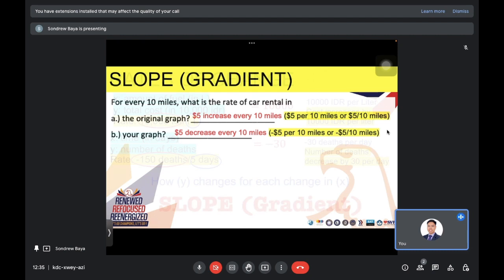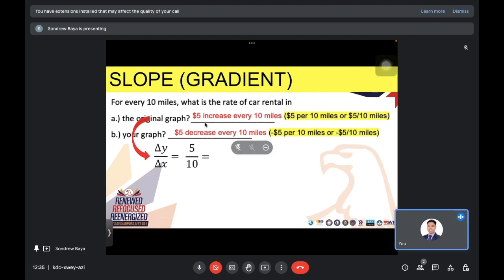Going back to our previous example, if you look at the formative assessment, this will also explain the negative 30 that you saw a while ago. Here in the original graph, you have a $5 increase every 10 miles. So it's like change in y over change in x, which simply says that the change in y is actually $5, which is an increase.